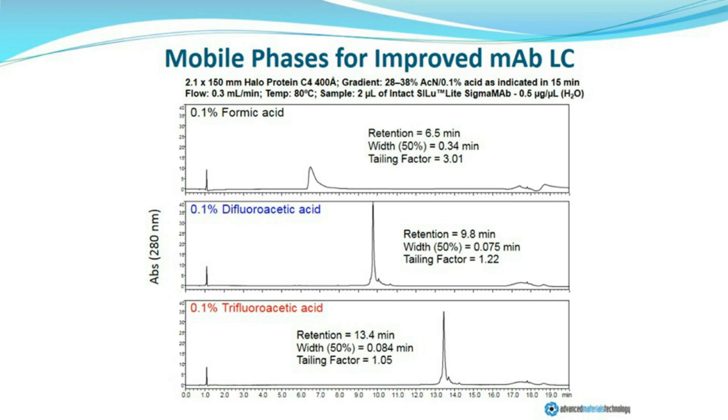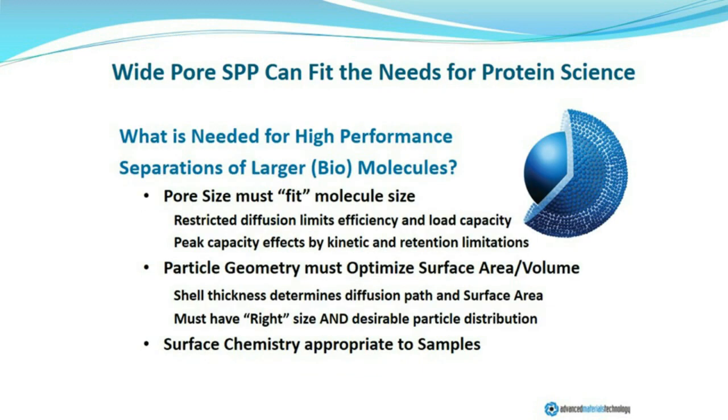I'm going to very briefly touch on some considerations of the interplay between materials, superficially porous materials, and how we design them to take advantage of these improvements of chromatographic modifiers in the mobile phase.